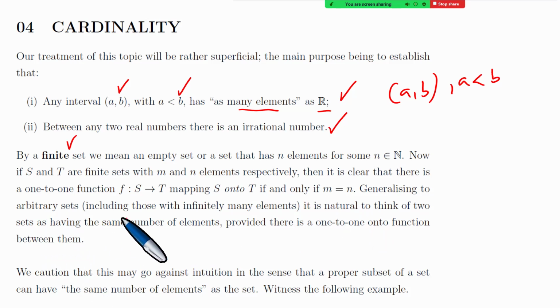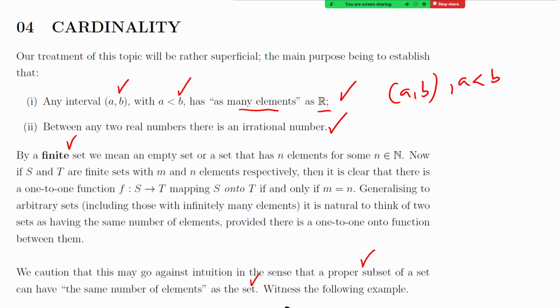Generalizing to arbitrary sets, including those with infinitely many elements, it is natural to think of two sets as having the same number of elements provided there is a one-to-one function between them. We caution that this may go against intuition, in the sense that a proper subset of a set can have the same number of elements as the set.